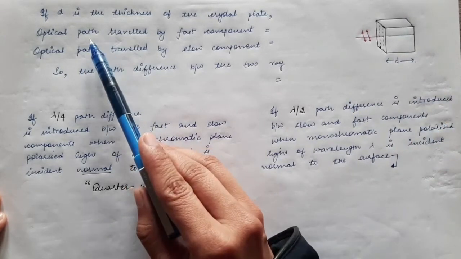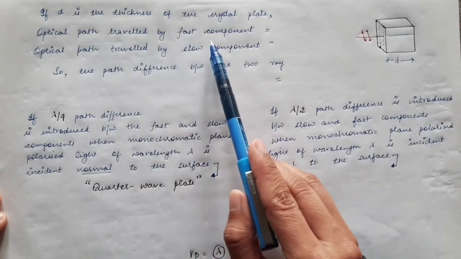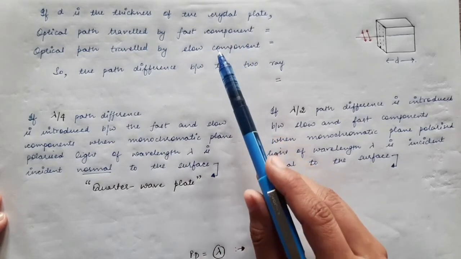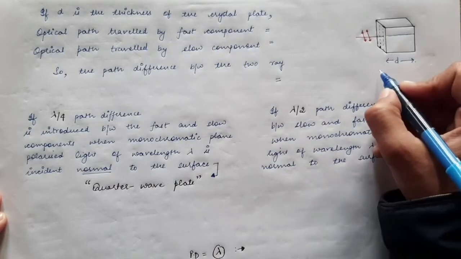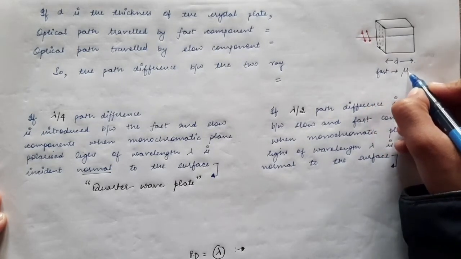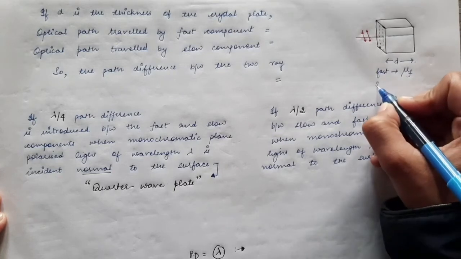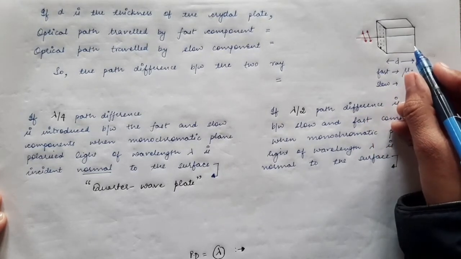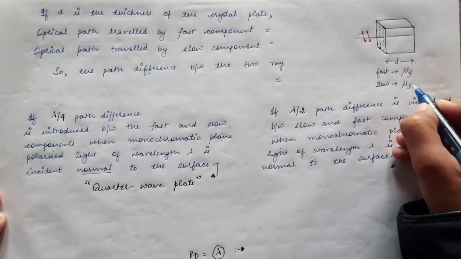Now we are seeing what the optical path traveled by the fast component is. The fast component experiences a refractive index, let's say mu f, and the slow component experiences a refractive index inside the same material, let's say mu s.